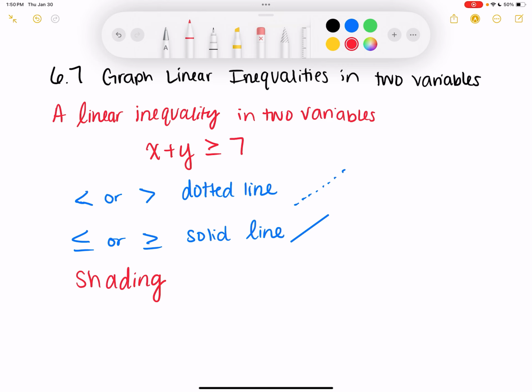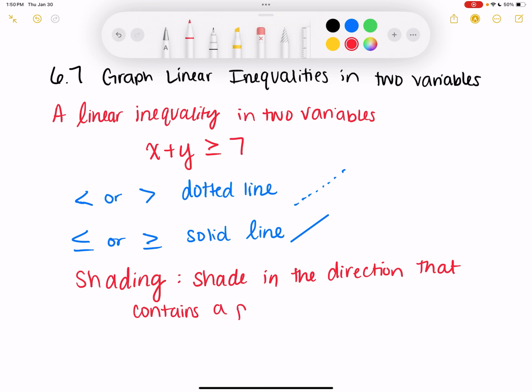Shade in the direction that contains a point that makes the inequality true.